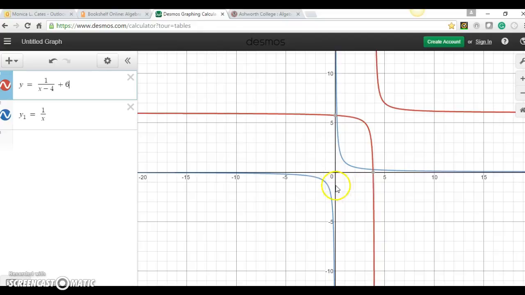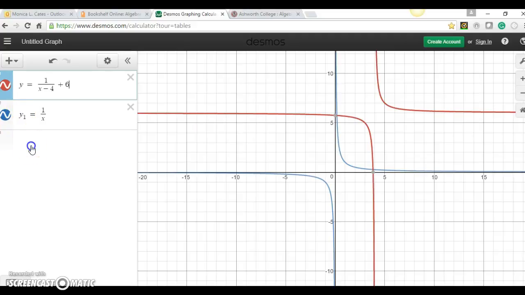And we can see that transformation again from my blue to my red. I have moved over to the right 4 and up 6. The exact same function, I've just moved over 4, up 6.